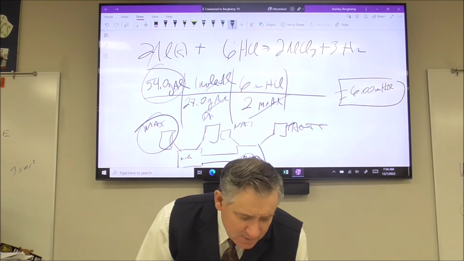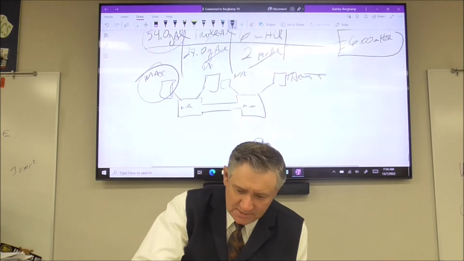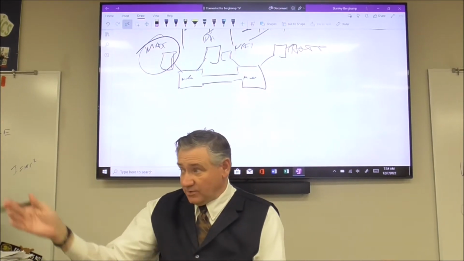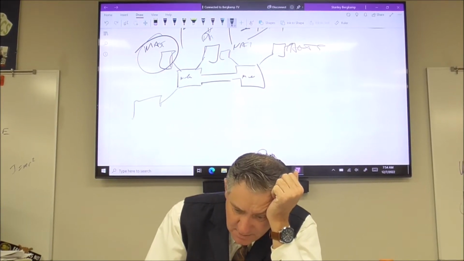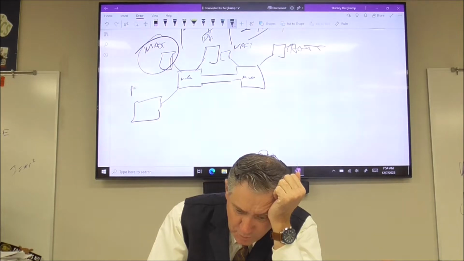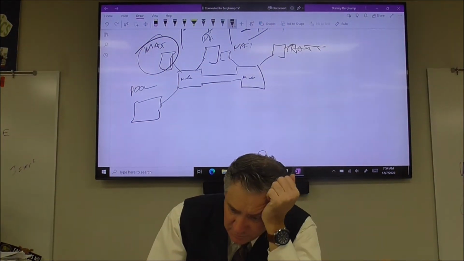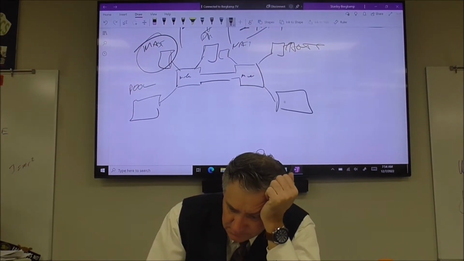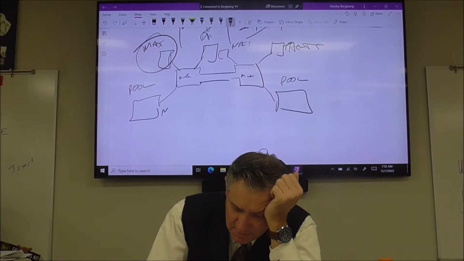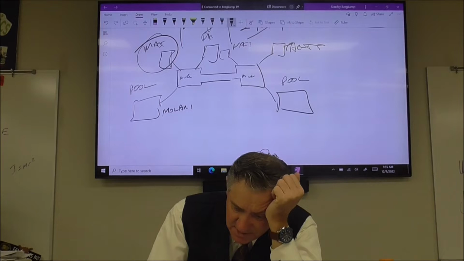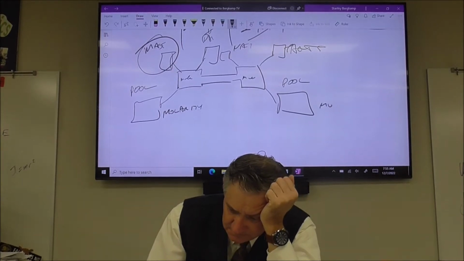Now, when you get to number 15, this is where we're going to add on to the model. Down here, we could also have a pool party. There's a pool story, and that pool is measured in molarity.